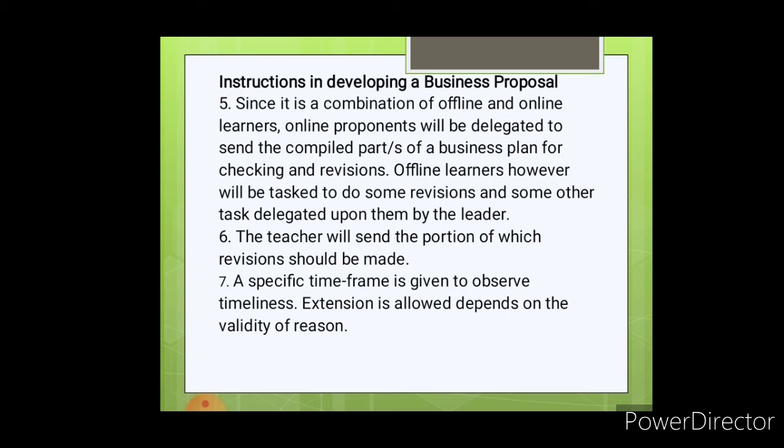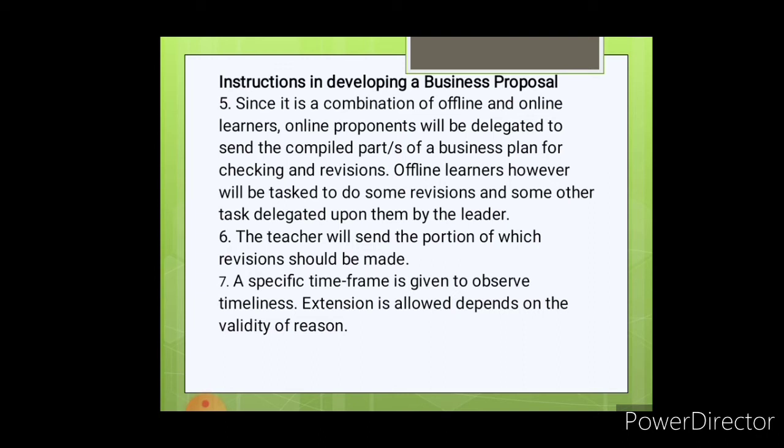Number 6, the leader will send the portion in which revisions should be made, or the teacher rather. After the representative or the leader sends the specific part needed, then I'm going to bring it back to you for some revisions.